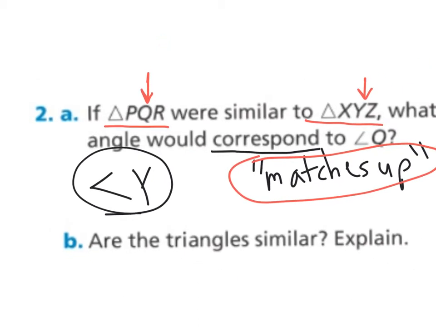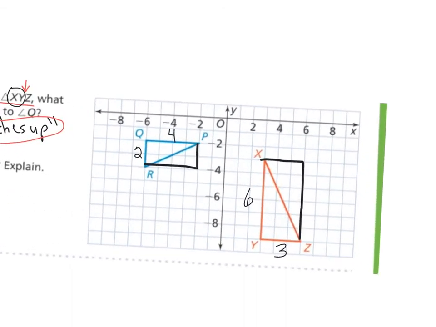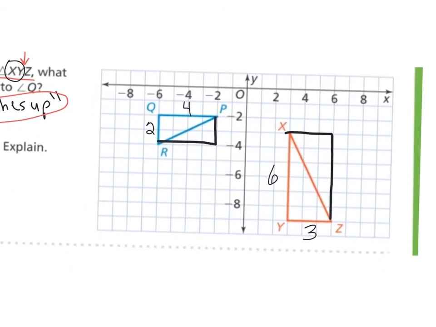Again, you can go back to the statement here and look at the order. So for example, PQ and XY are in the same spots, would match up. PQ is 4, XY is 6. Okay, and again, I know that's just the longest two sides, so on this problem it's not a big deal to say that. So the 4 matches up with the 6.